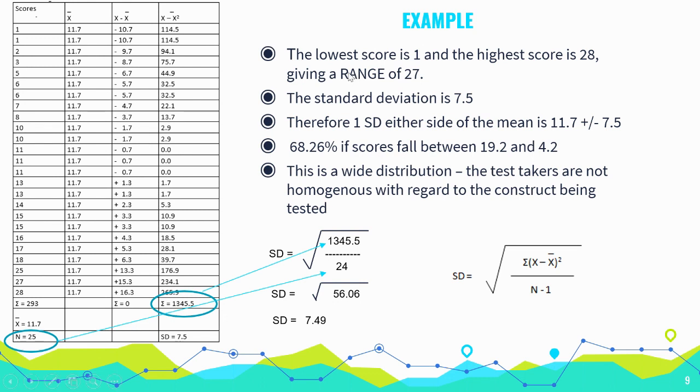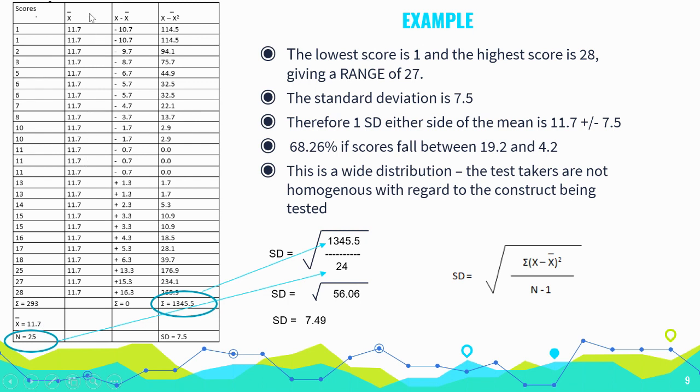Now, I told you to ignore the other columns when we looked at this table before. Now I don't want you to ignore them. Let's move on from the scores to x bar. Now x bar, the mean, we know, is 11.7.